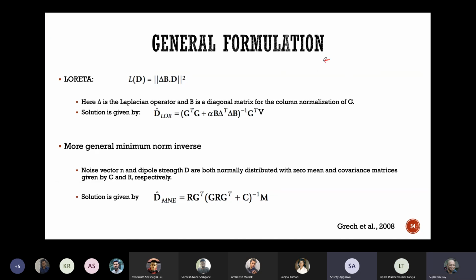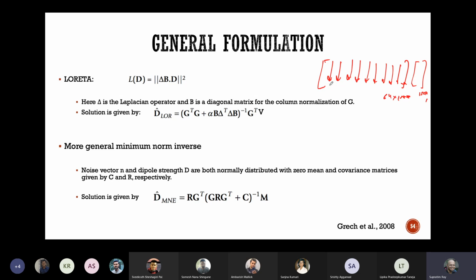So you think of G as lots of column vectors, right? So if this is 64 cross 10,000, and each dipole vector here is 10,000 cross 1, you can think of this as an operation where each of these columns corresponds to a particular dipole.